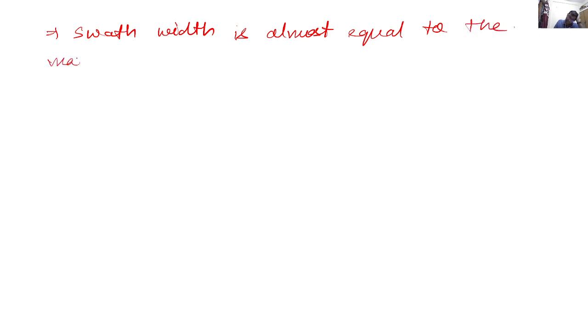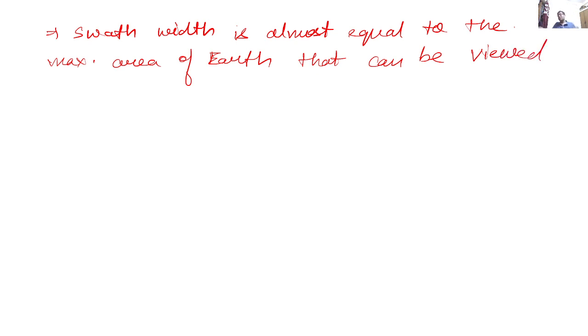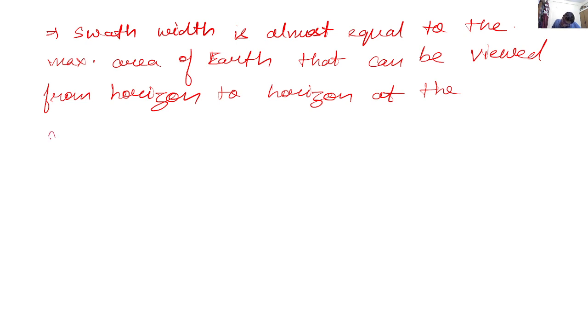So we get that the swath width is almost equal to the maximum area of Earth that can be viewed from horizon to horizon at the altitude of the satellite. It is 2500 kilometers and 2525 kilometers, not much different.